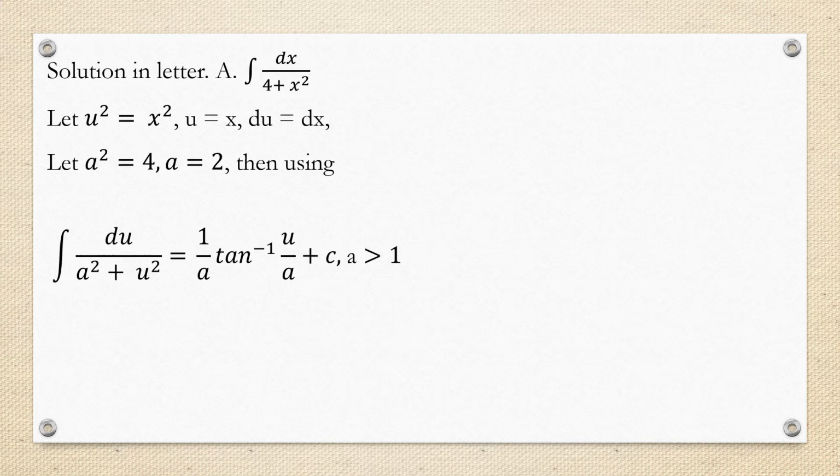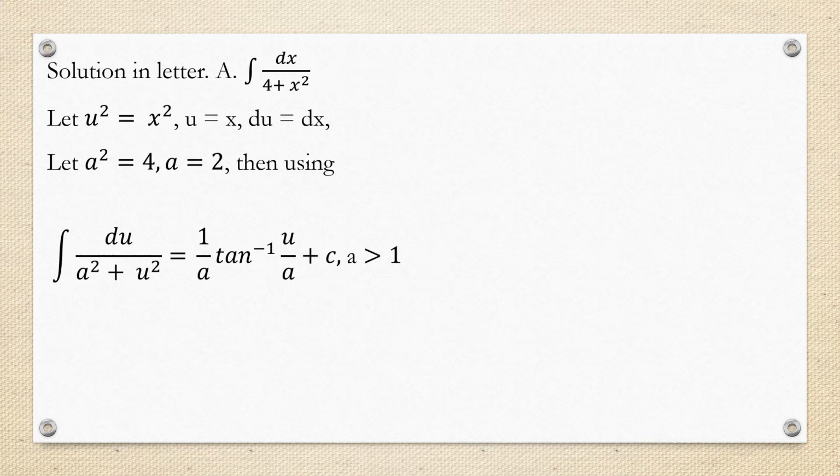Then using our formula, the integral of du over a squared plus u squared is equivalent to 1 over a tan inverse of u over a plus c, as a is greater than 1. In using this formula, we already have the value of a and the value of u, so we can now utilize this formula.